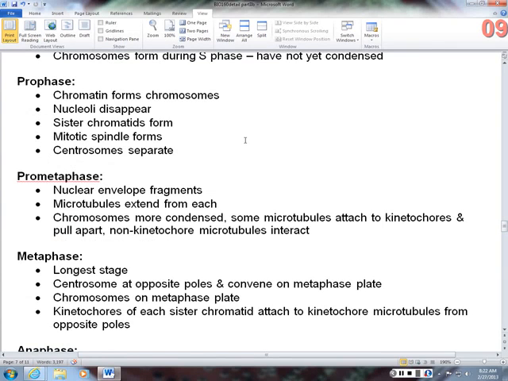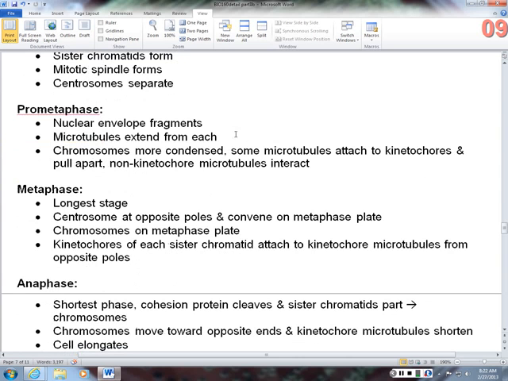Metaphase is the longest of the stages, and these are going to slowly progress from one to the other. It isn't that instantly you go from one phase to the next. It is a transition, so it's possible when you look under the microscope you'll see cells that are in between these phases. Here your centrosomes are at the opposite poles.